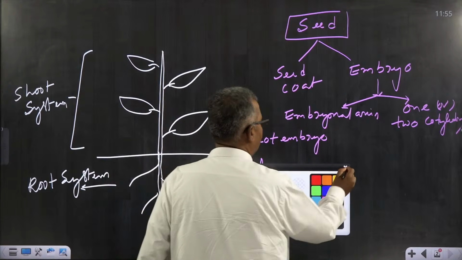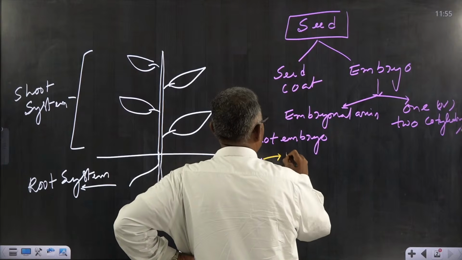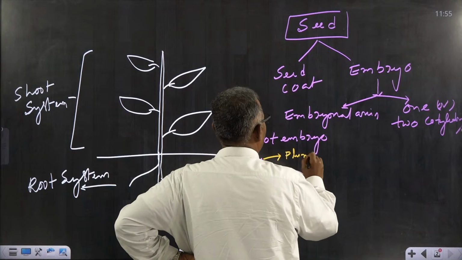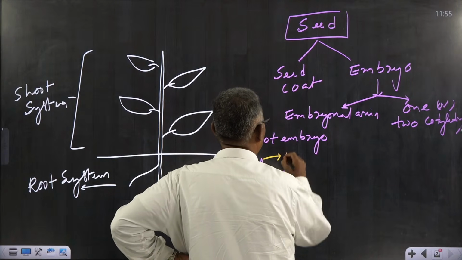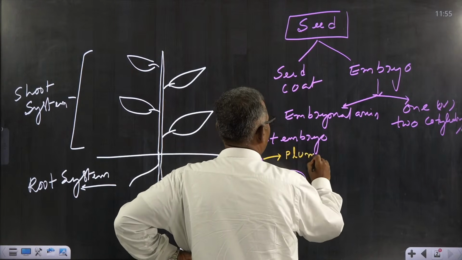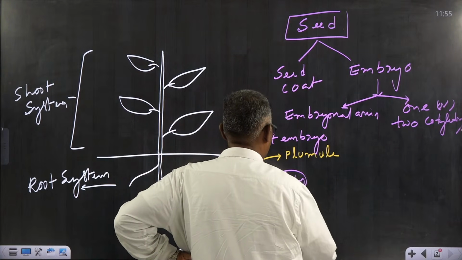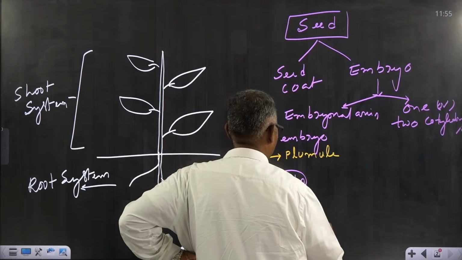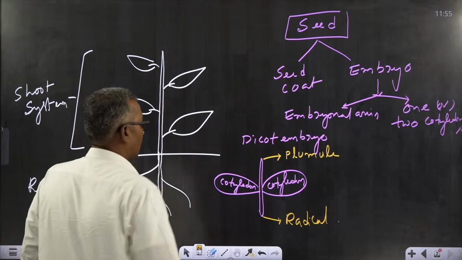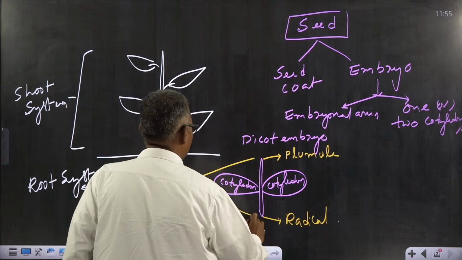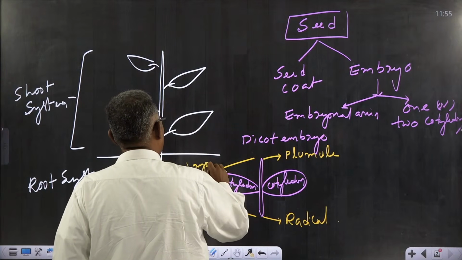Now this embryonal axis again contains two growing tips, plumule and radicle. Now from here to here is the embryonal axis.